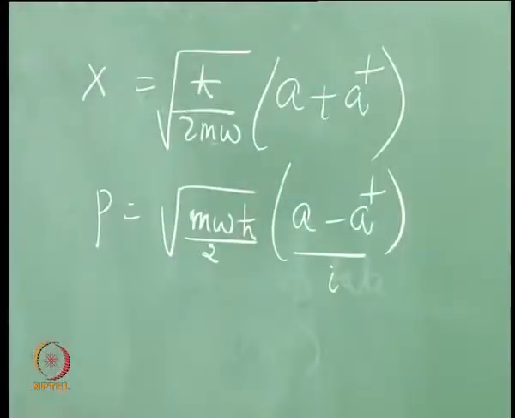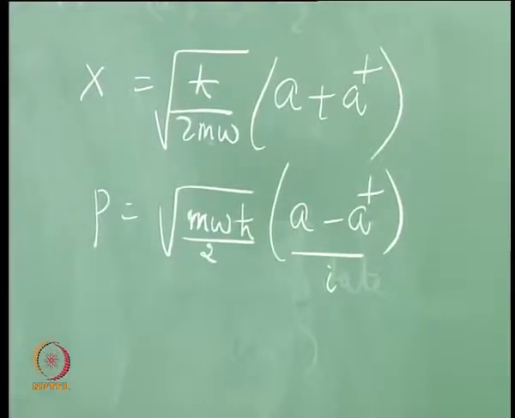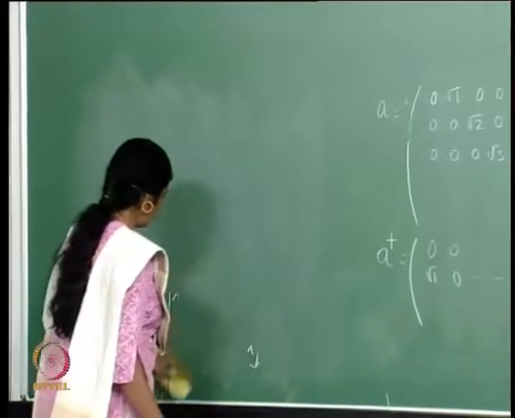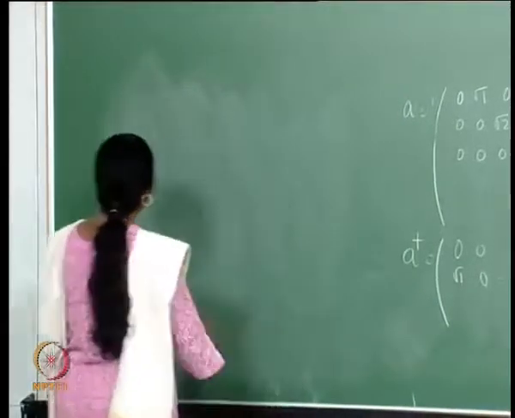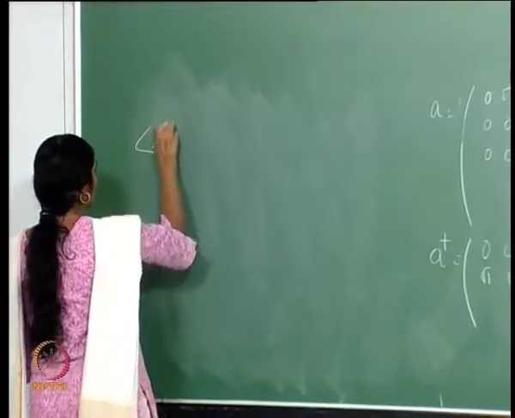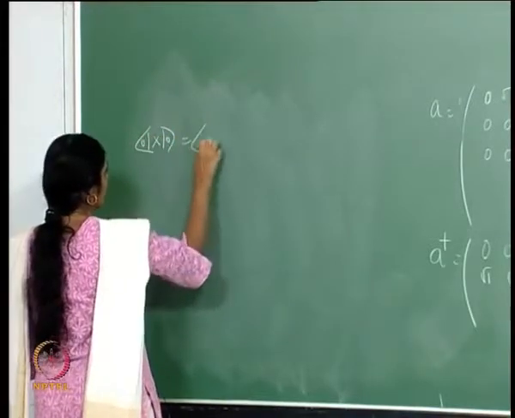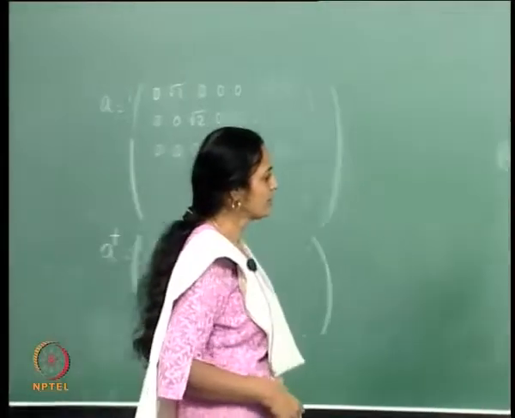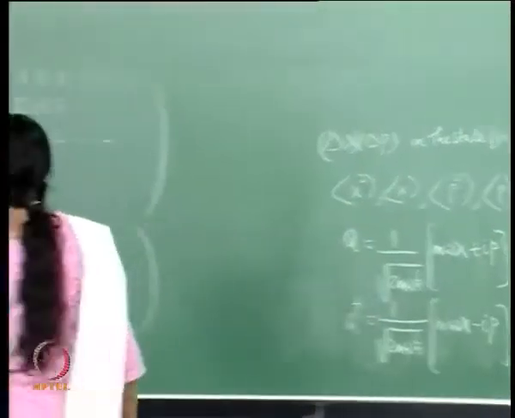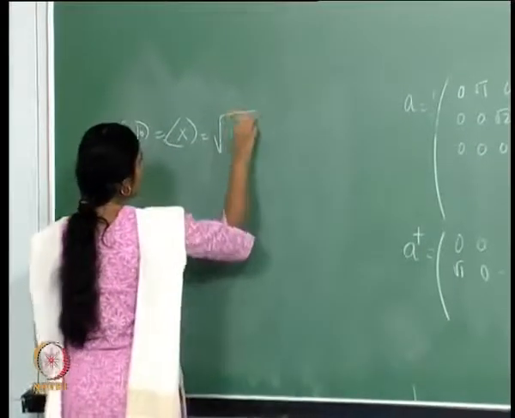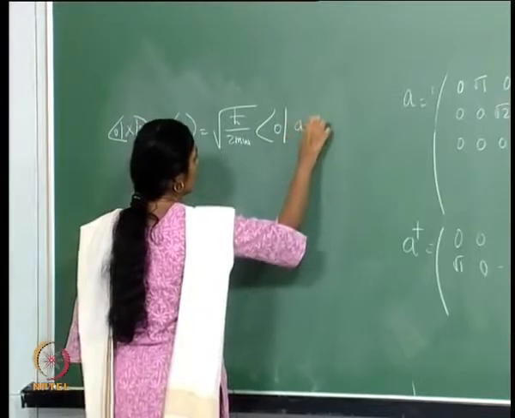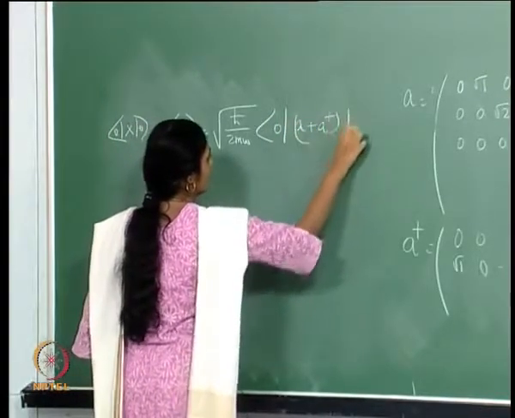So now all I need to do is use this to calculate the expectation values that are needed to find out the variance. So let us do that right away. First of all, expectation value of x in this state, my shorthand notation is just that. It is root of h cross by 2 m omega times the expectation value of a plus a dagger in that state.